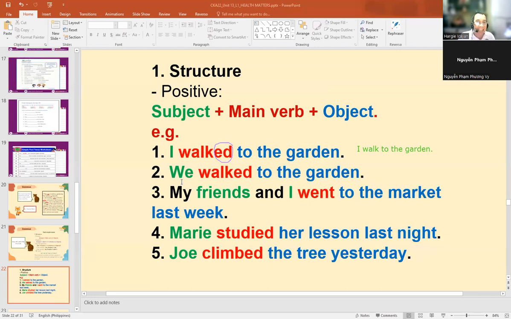What is the tense of the walked? Is it present tense or is it past tense? What is the tense of the main verb walked? Answer me, V. We are talking about the tense. Again, what's the tense?